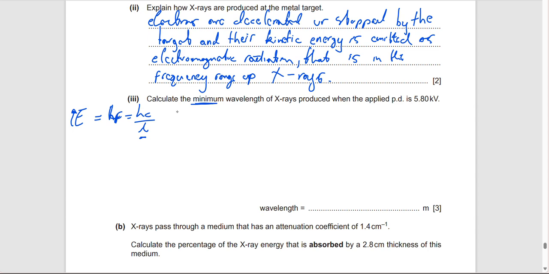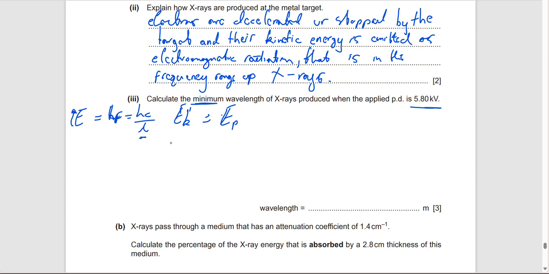So kinetic energy EK is equal to X-ray photon energy, right? And the kinetic energy in this case is applied by the accelerating potential, which is 5.8 kilovolts.